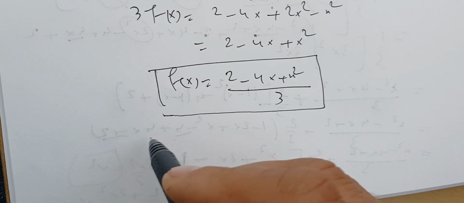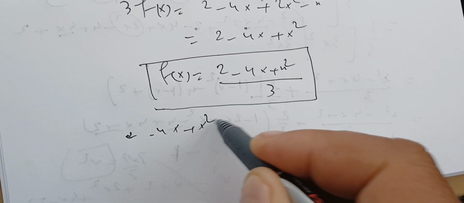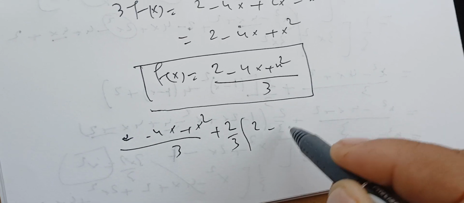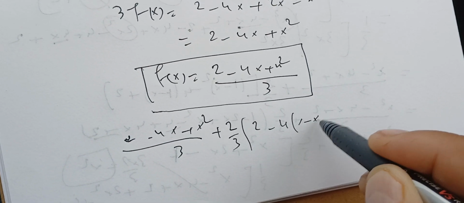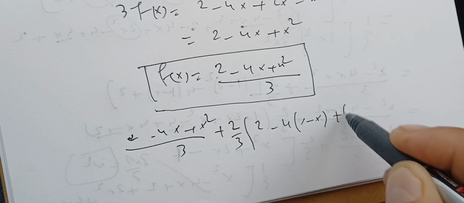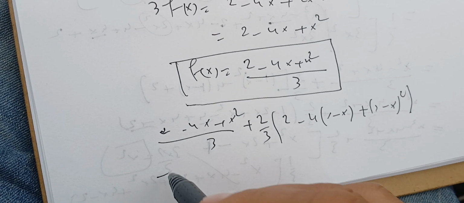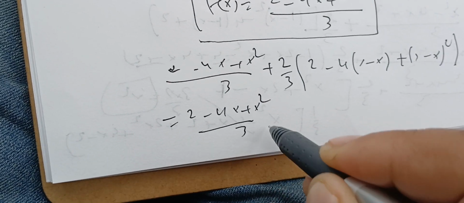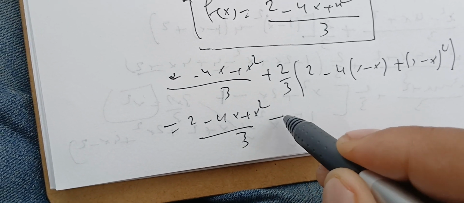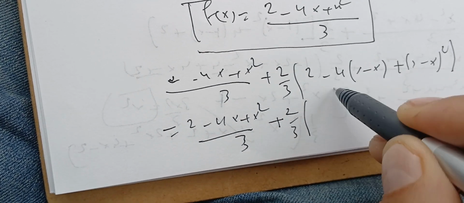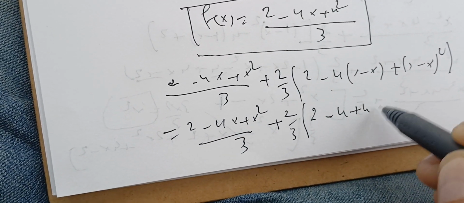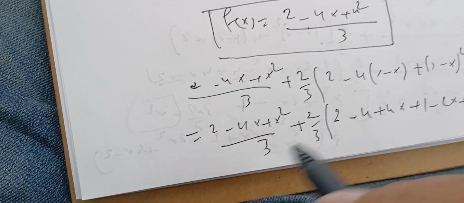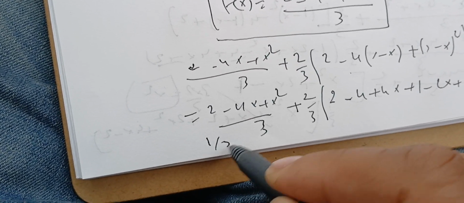So we have f of x, which is (2 minus 4x plus x squared) over 3, plus 2 over 3 times f of 1 minus x, which is 2 minus 4 times (1 minus x) plus (1 minus x) squared. Let's simplify this one. It's 2 minus 4 plus 4x plus 1 minus 2x plus x squared. Let's have 1 over 3 as a common factor.